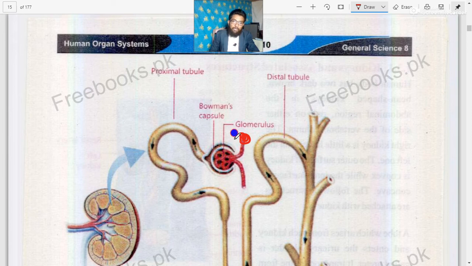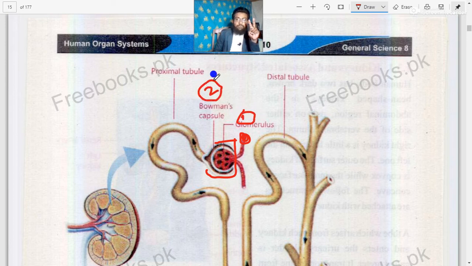So from here the first part of our nephron starts. The first part of our nephron is the renal corpuscle, and it further consists of two structures. What are these two structures? Glomerulus and Bowman's capsule.